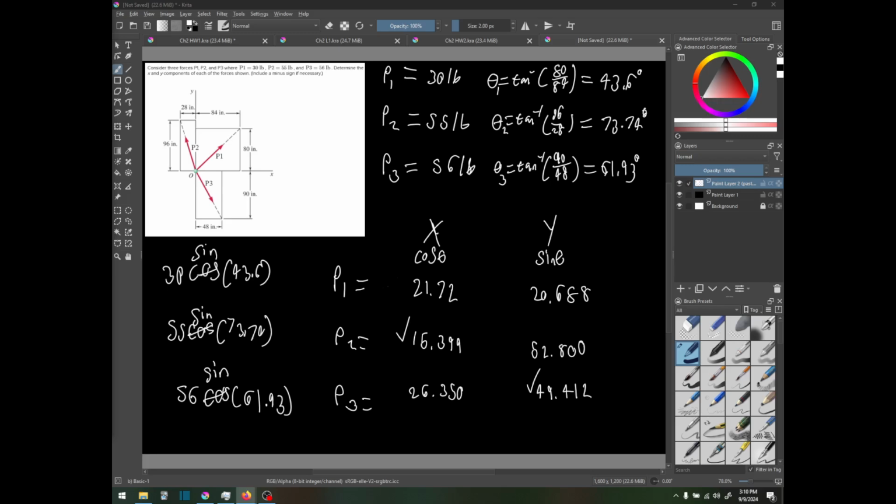Yeah, I tried 15.4. It doesn't want it. That's super interesting because it's exactly 15.4 if you don't round the theta 2. If it's just 55 cosine 73.73979529, it's exactly 15.4. And I'm assuming it's going to be the same thing for Fy, so I'm at a complete loss.